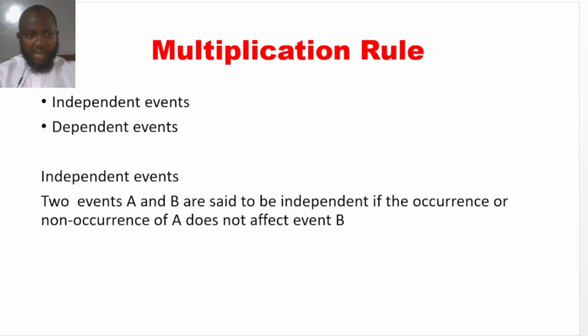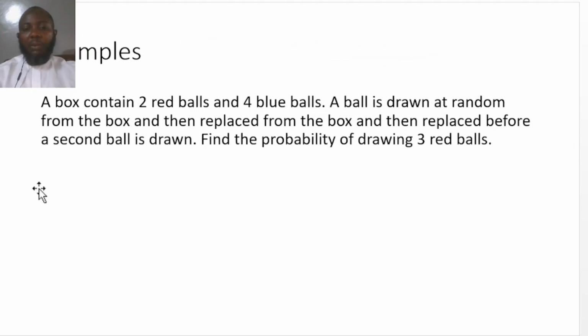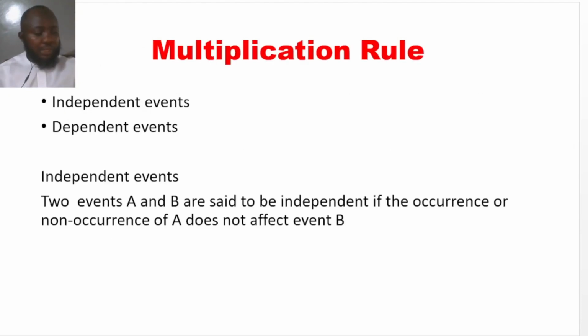Now, having known that, let's look at examples of how to solve problems of independent events. Don't forget that two events are said to be independent if the occurrence of one does not affect the occurrence of the other. But before we look at that, we need to first look at some rules.